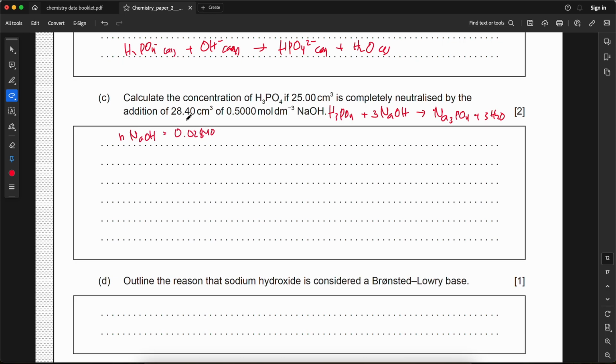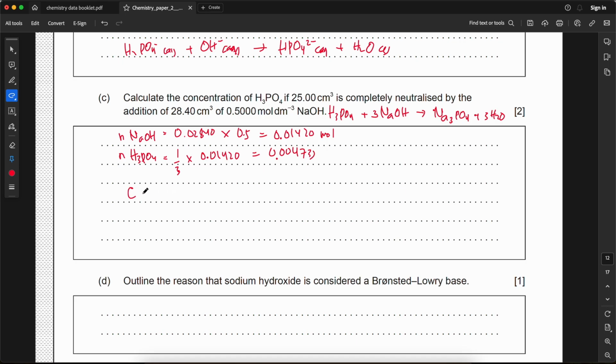From this question, we can calculate the mole of NaOH, which is 0.0284 divided by 1000 times 0.5, which is 0.01420 mole. And H3PO4 would be, the mole ratio is 1 to 3, so 1 over 3 times 0.01420 will be 0.004733.